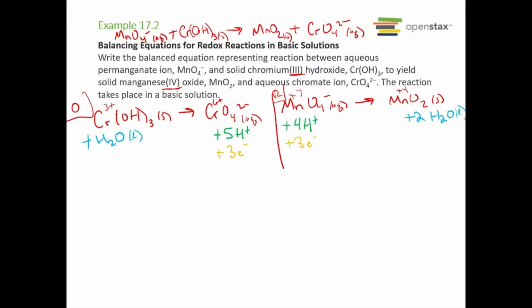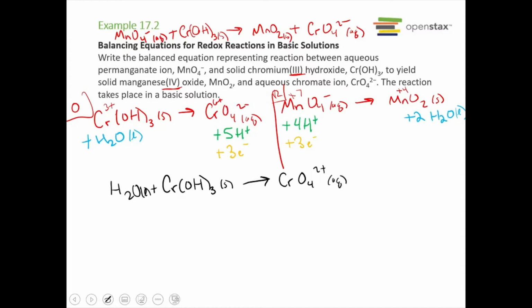So now let's go ahead and change pen color and combine our 2 half reactions. I'll use black here. So we have CrOH3 going to CrO4 minus, oops, H2O plus 5H plus 3 electrons.